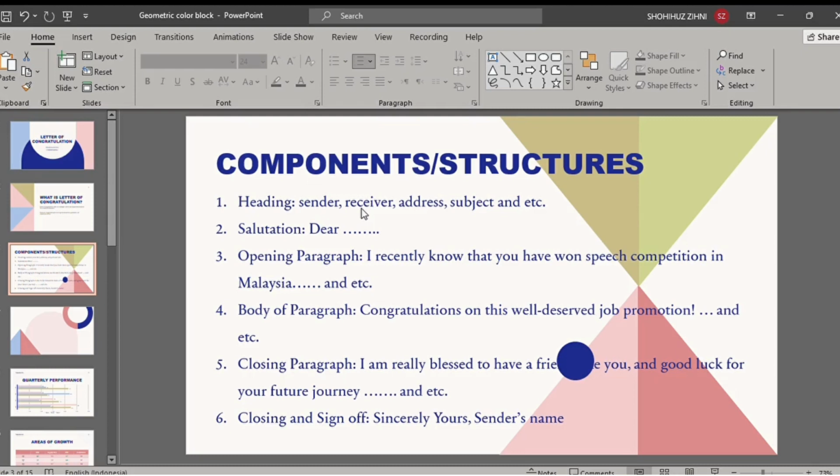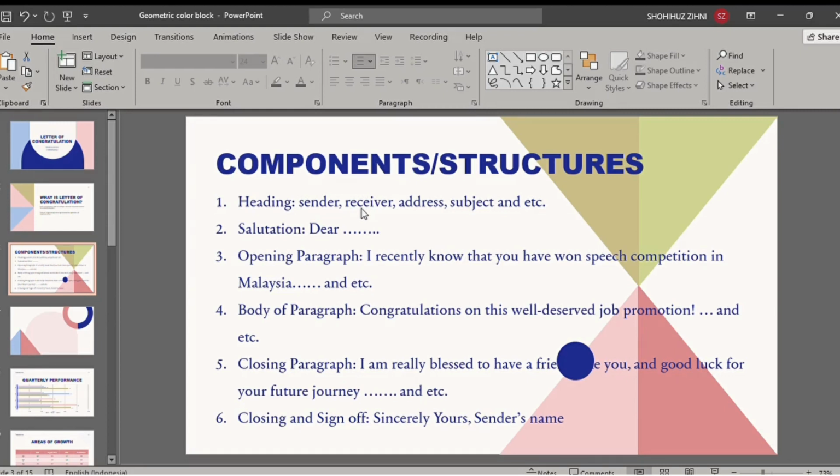The fourth is the body paragraph, and this is the main purpose of a letter of congratulations, where you express your congratulations toward your friends who just got achievements. For example, congratulations on this well-deserved job promotion, and this is contextually in the job realm. And the fifth is the closing paragraph. There are many ways, such as praying for a better life for him or many others.